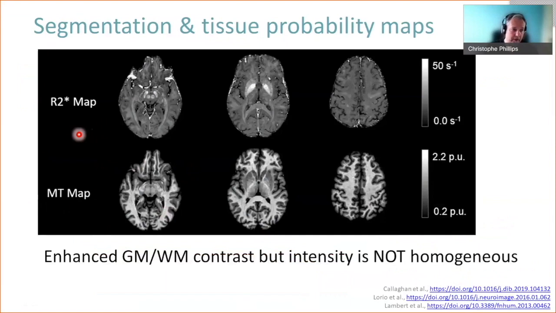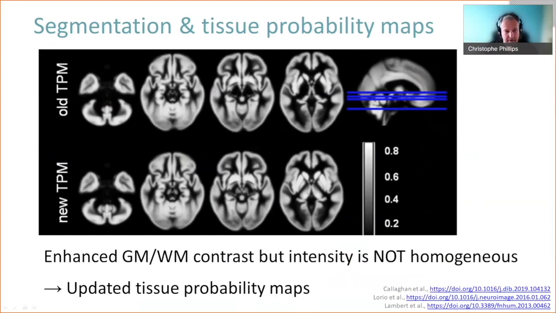Still, depending on the map that we are using, like for example, using the R2 star map, what we observe is that some part of the brain, here the subcortical gray matter, will have an intensity that is quite different from the rest of the gray matter in the brain. That means that in this case, this subcortical gray matter should almost be modeled as a different subset of gray matter, as a different tissue class.